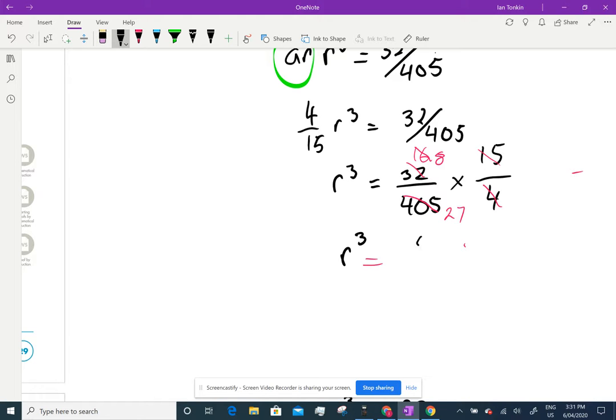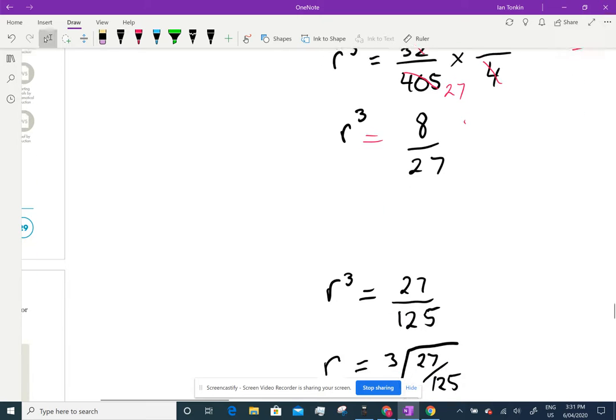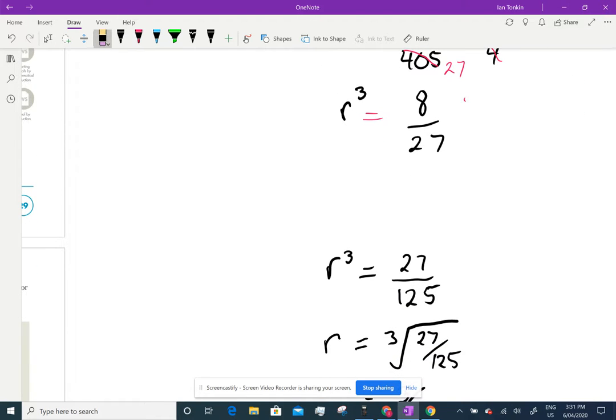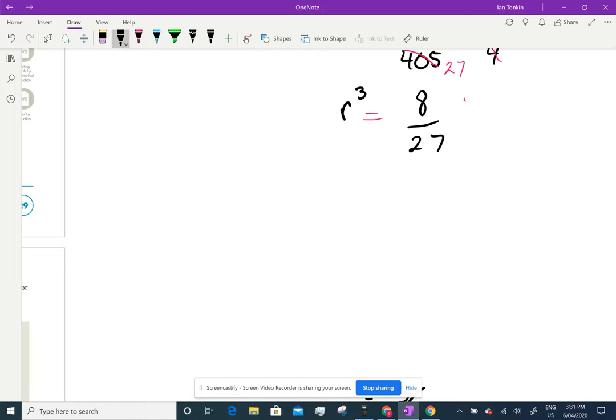Should have used my calculator. 8 on 27. And I'm lucky because I know the cube root of 8 is 2 and the cube root of 27 is 3. And there's only one answer because it's a cubed answer, so R equals 2/3.